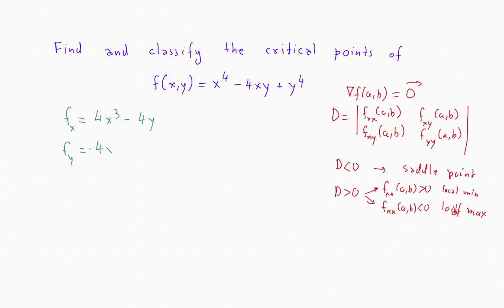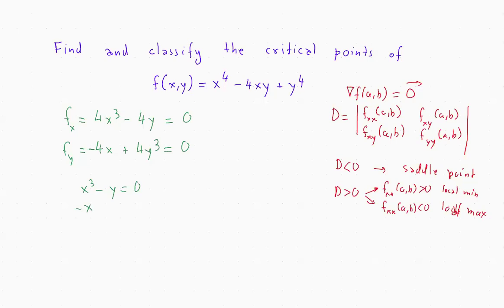And we would like to set them both equal to 0, because by critical point, we mean a point at which both derivatives are equal to 0. And if we divide both equations by 4, we will come up with x cubed minus y is equal to 0, and minus x plus y cubed is equal to 0.